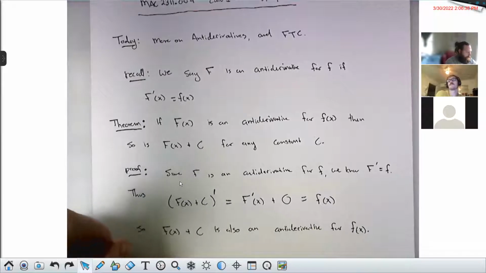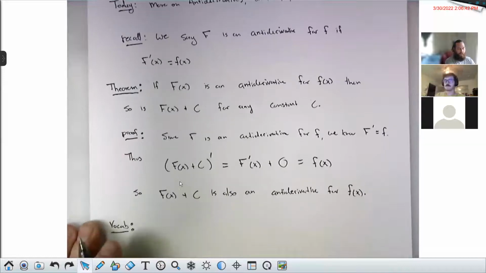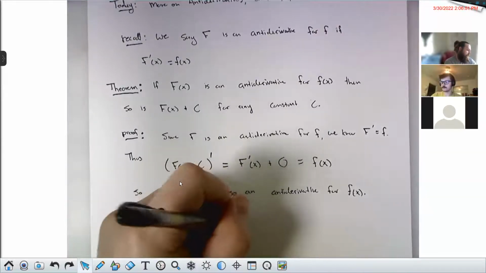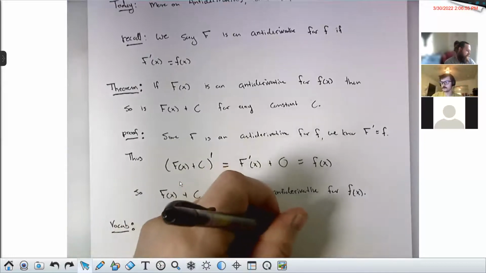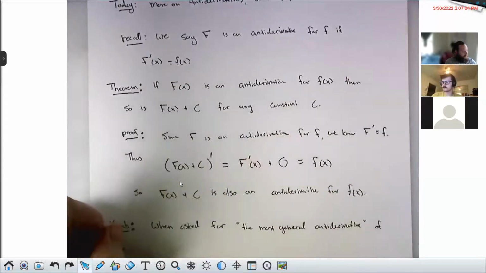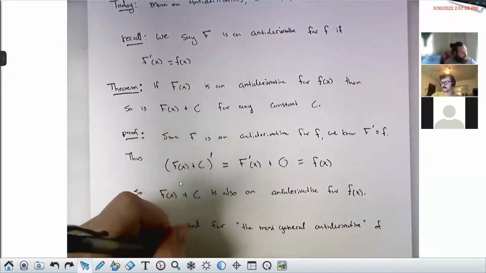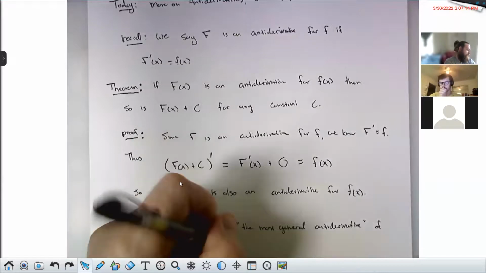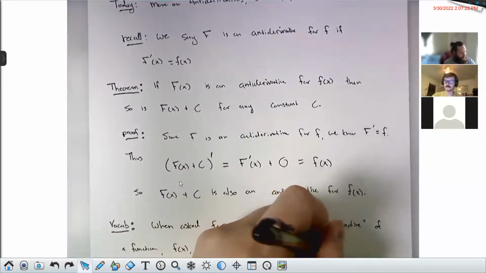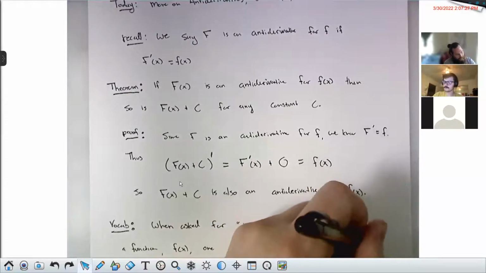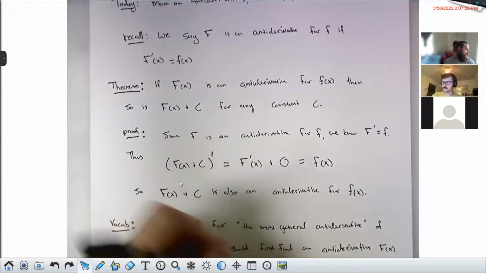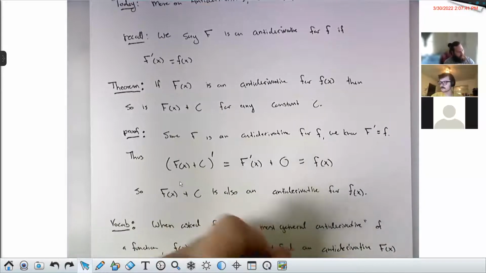Some vocabulary. When we ask for the most general antiderivative of a function little f of x, one should first find an antiderivative big F of x, and then give the answer that big F, which you found, plus c.